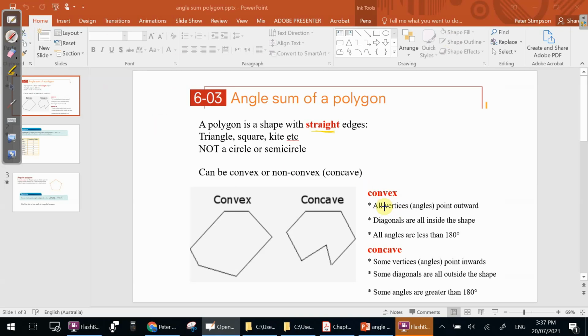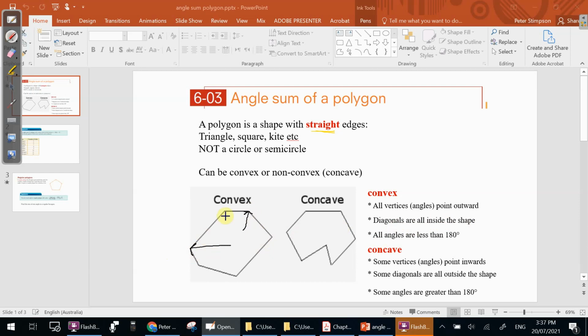Okay. Now, convex. That's the next thing, is difference between convex and non-convex, because you'll need to know. So a convex polygon, this one, all the vertices, angles point outwards. So if we make an arrow using the angle, you see the arrow is pointing away from the shape. The angles are facing outwards.